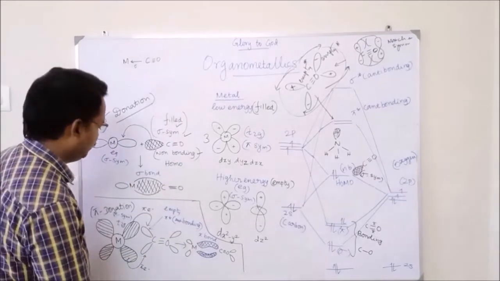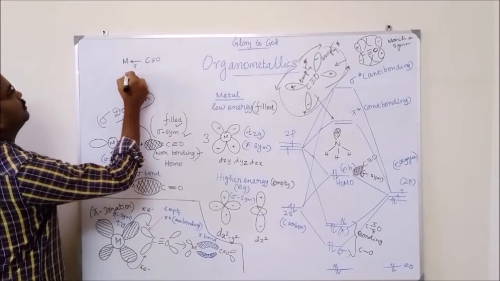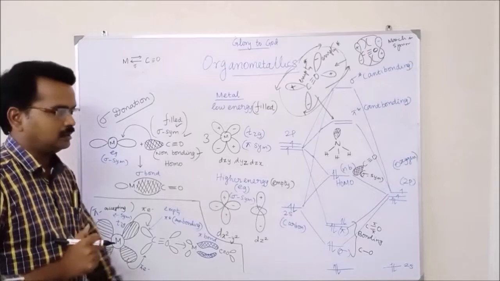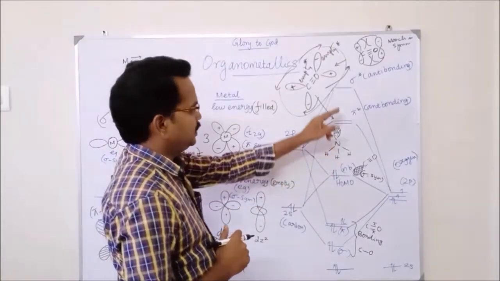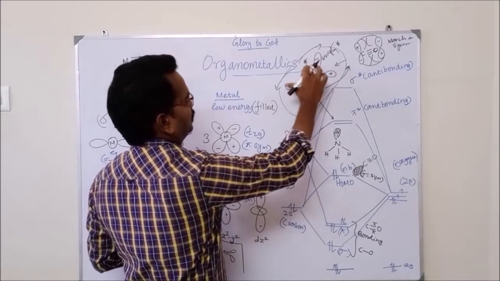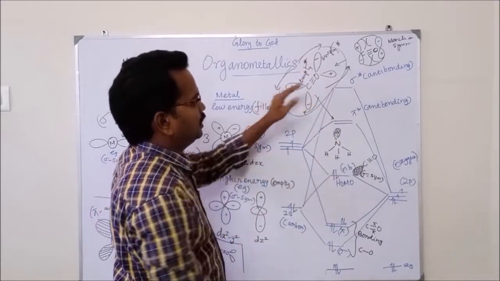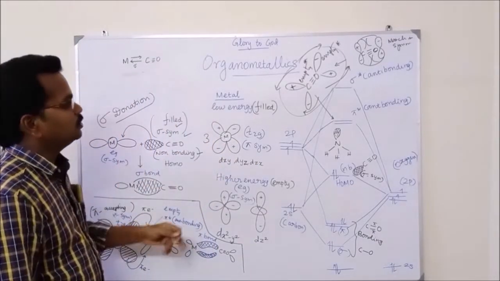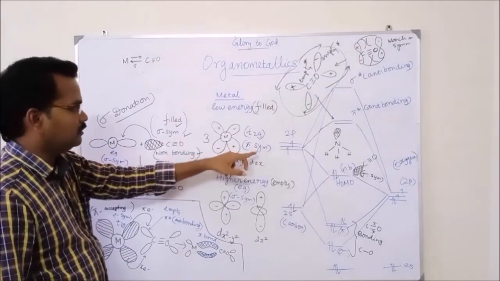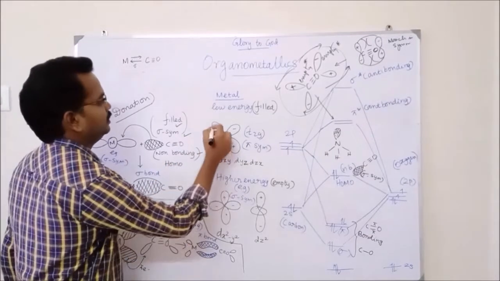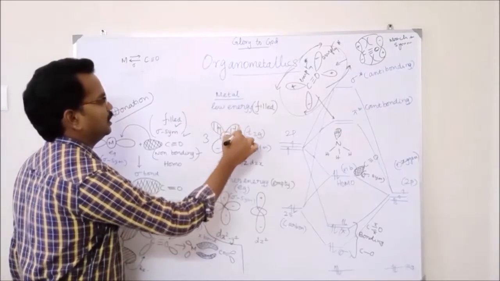Then let us come to the pi accepting. How is pi accepting occurring? We have seen that in the carbonyl there is one higher energy empty orbital, and in the metal we have a lower energy but filled orbital.